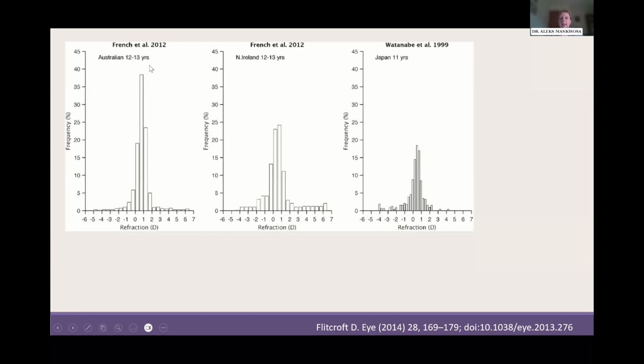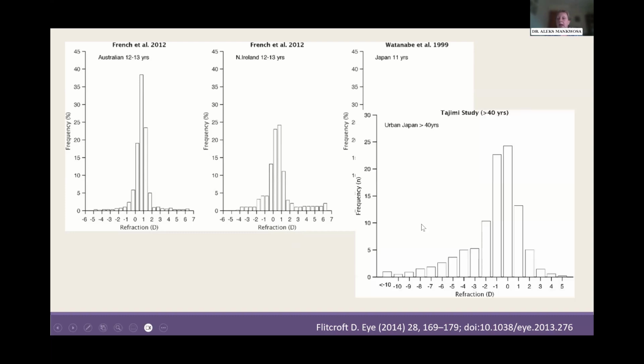So there is a slight difference between teenagers in Australia, Northern Ireland and Japan, where the shift is more towards myopia than it is in Northern Ireland. We know that at this point, there is also a greater influence of environmental factors, for example, long hours of study, that would contribute to the development of myopia by promoting axial length.